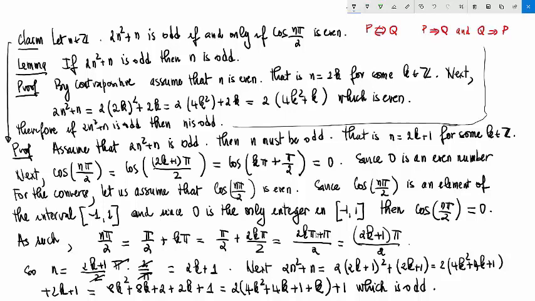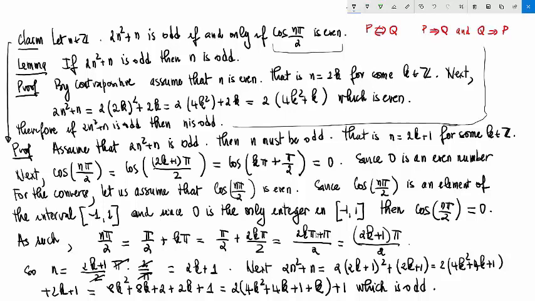Now, for the other way around, for the converse, for Q implies P, we start by assuming the statement cosine of n pi over 2 is even, and since cosine is always a number between -1 and 1, and since 0 is the only integer between -1 and 1, then cosine of n pi over 2 must be equal to 0.